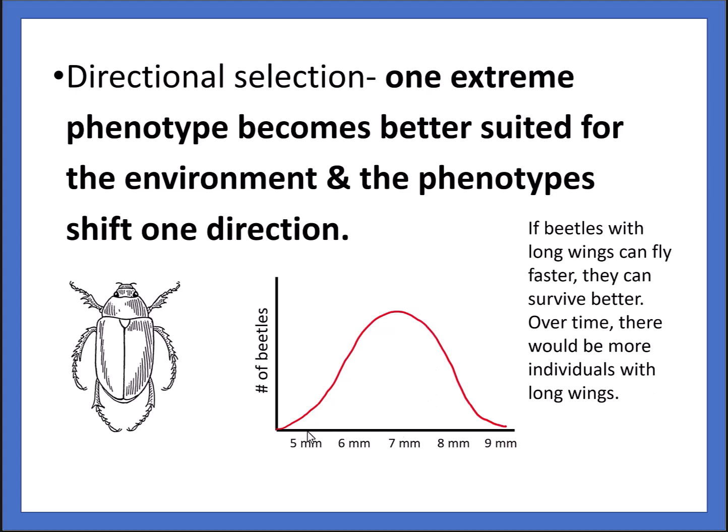So if we're starting our normal distribution like this, over time, the bell curve can shift so that more individuals are surviving in the population with these longer wingspans. And that's known as directional selection. The population is moving in one direction, and it could be either way, but the graph is shifting in one particular direction based on the adaptations of those organisms.